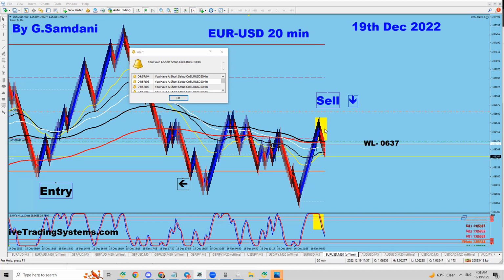This pair doesn't move much. Like pound Aussie, I just opened a long there on the other computer. The comparison is that Euro USD has a 120 pip average daily range, meaning it moves from top to bottom in a whole 24-hour day about 120 pips. While pound Aussie has a 200 pip daily range.